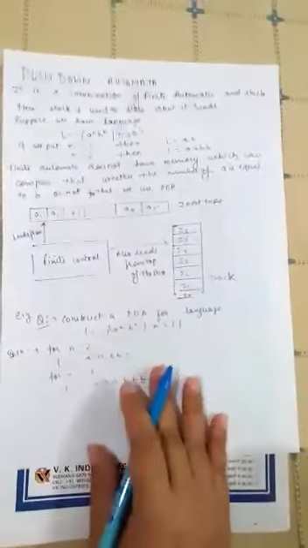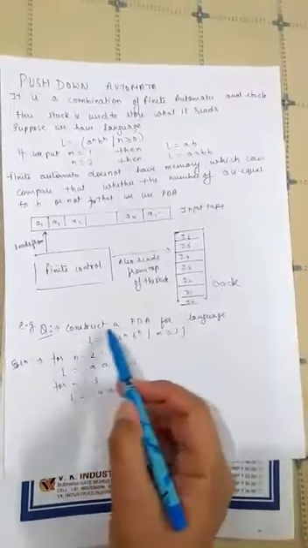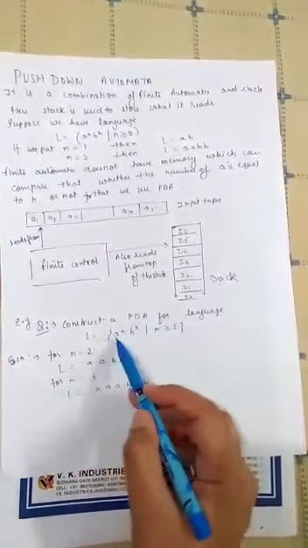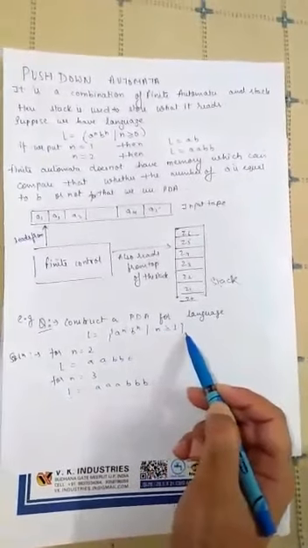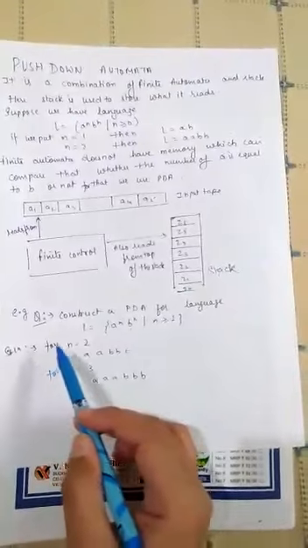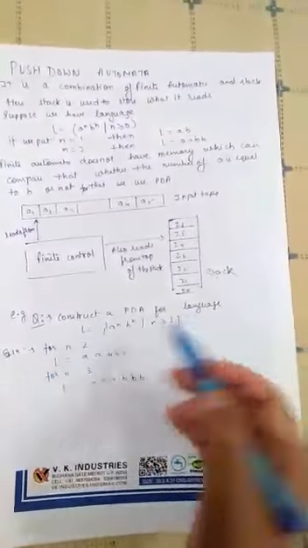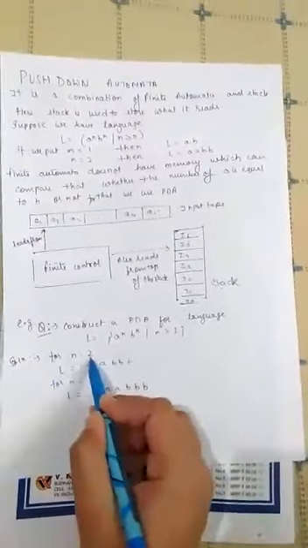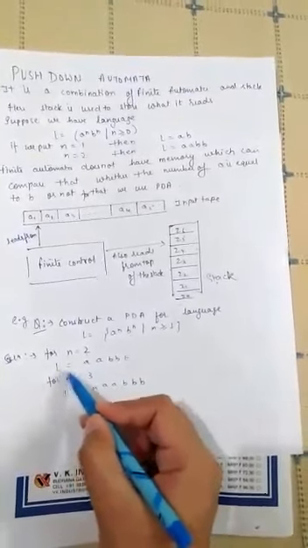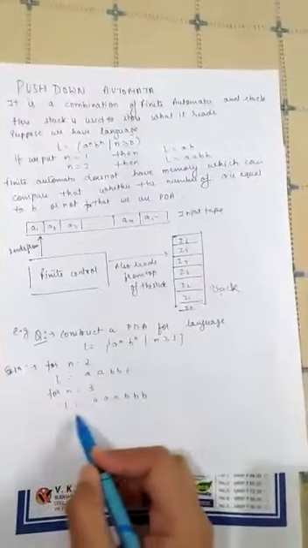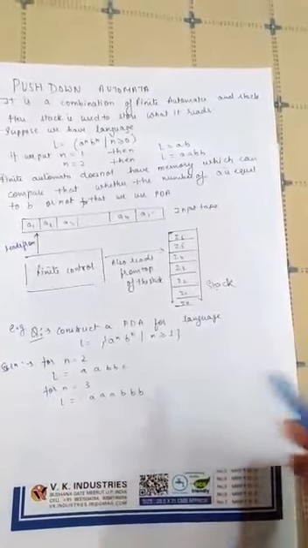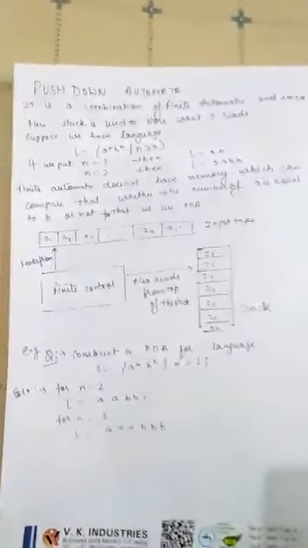Now let us take an example of constructing a PDA for the language L equals a^n b^n, where n is greater than or equal to 1. Here, because n is greater than or equal to 1, we put n equals 2. For n equals 2, the string is AABB. For n equals 3, the string is AAABBB, and so on.